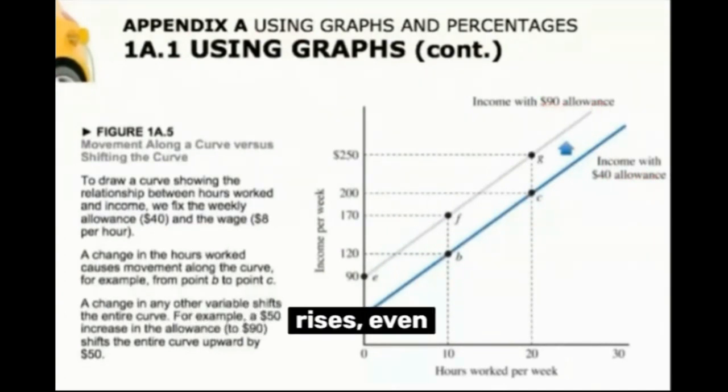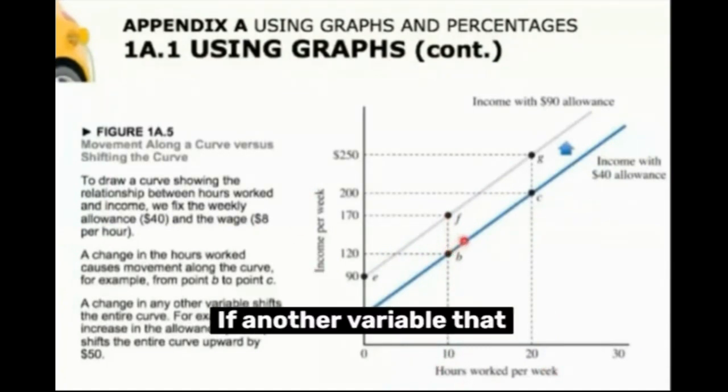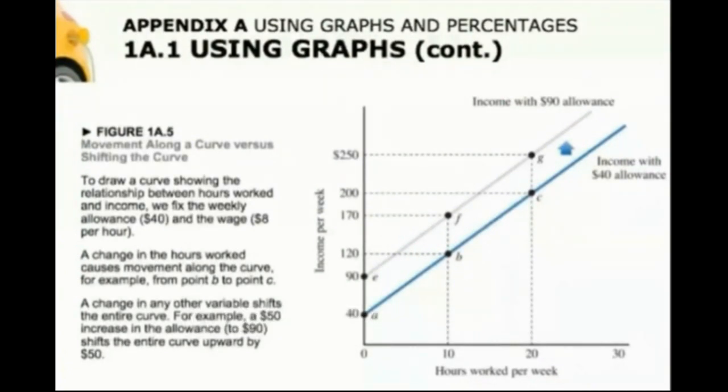Well, that means your income rises even if hours worked per week doesn't change. Well, that can only happen if the curve shifts. So if a variable on one of the axes changes, you move along the curve. If another variable that impacts income changes, then you have to shift the curve.